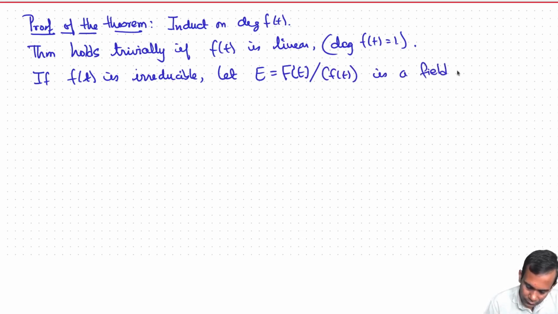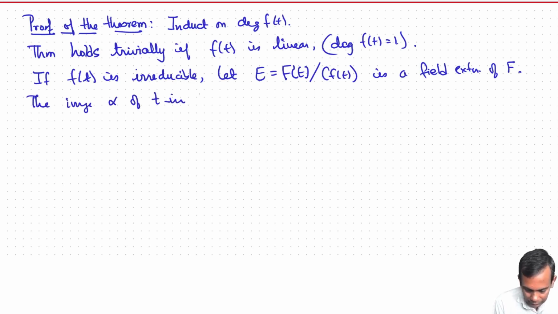It's an extension of F, and now f(t) has a root in E, as we've seen, the image of t in E. So the image alpha of t in E is a root of f(t).